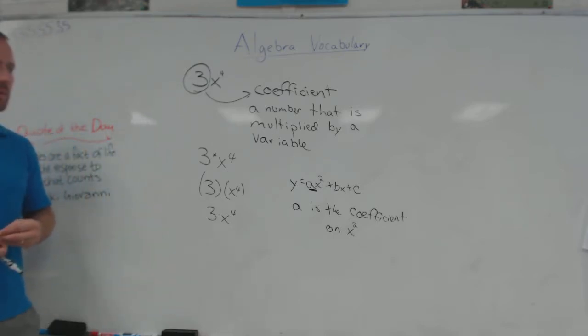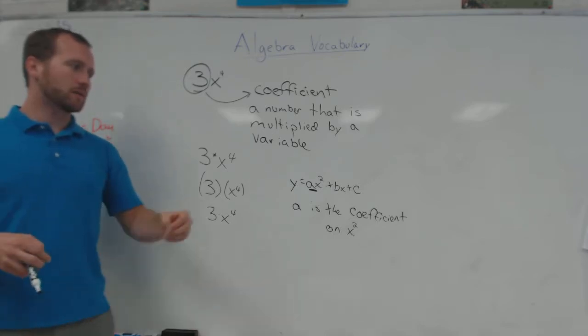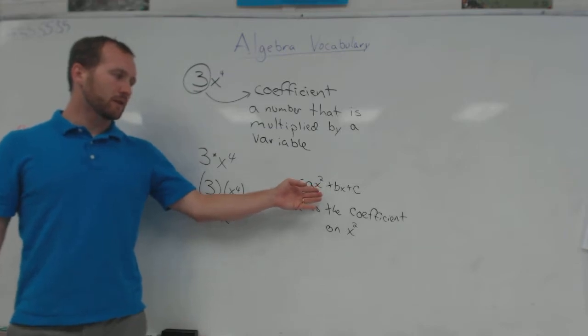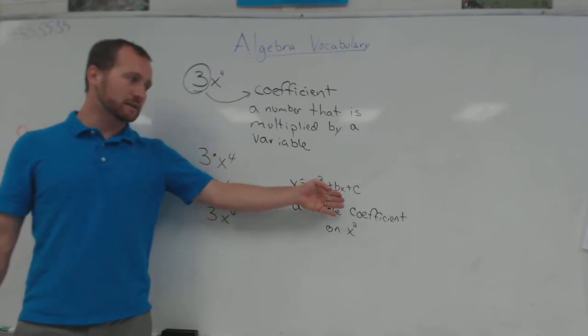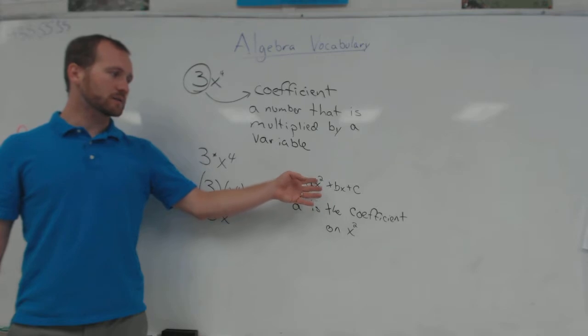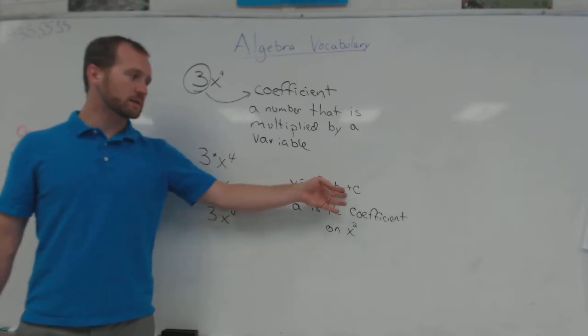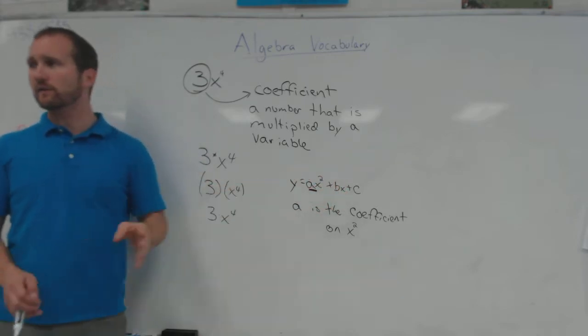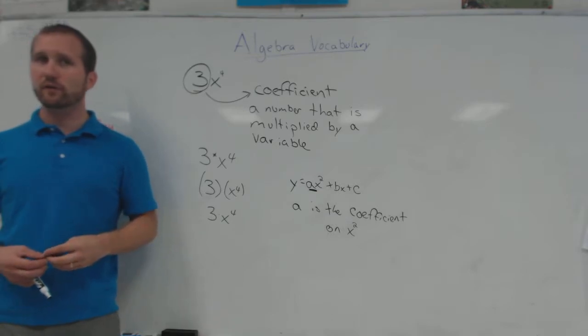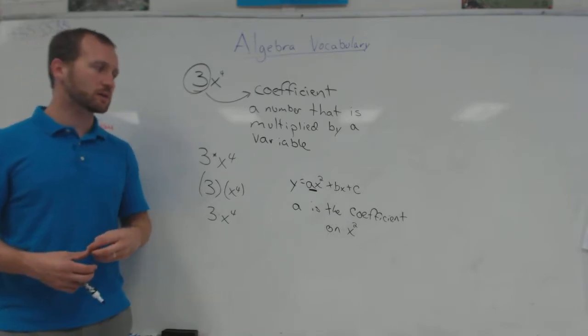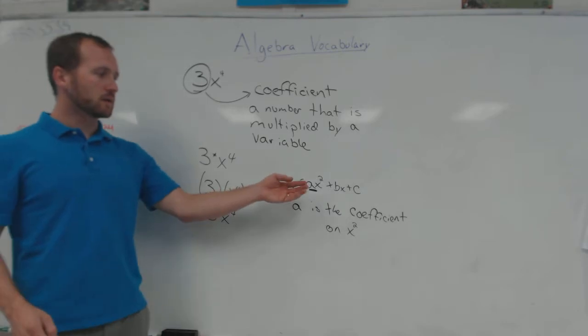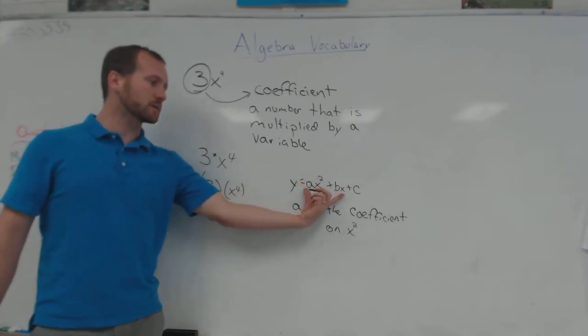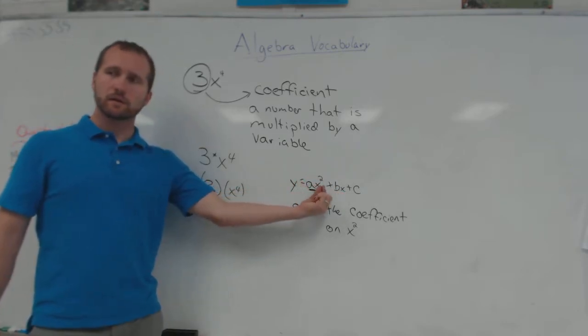And it's important to remember that variables with different degrees, so x squared versus x to the first, have to actually be treated as separate variables in an equation, right? Because I can't combine x squared and x in this way.